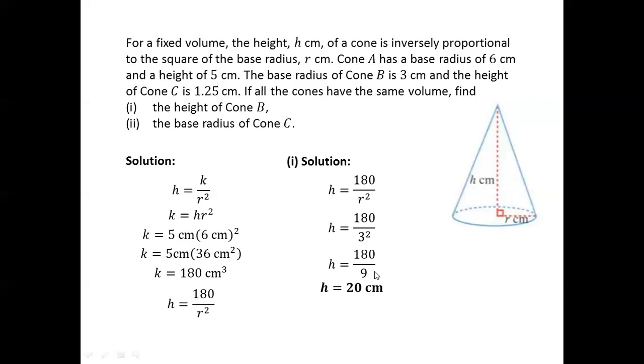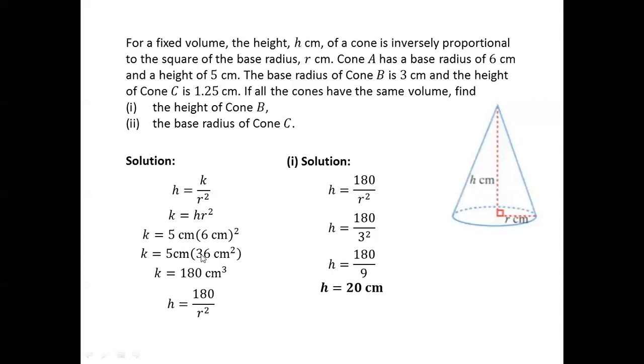Now, let's compare the values of the square of the radius and the heights for cones A and B. For cone A, the square of the radius is 36 square centimeters. For cone B, the square of the radius will be 9 square centimeters.